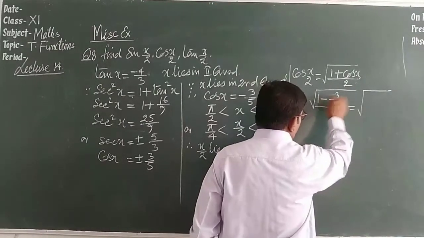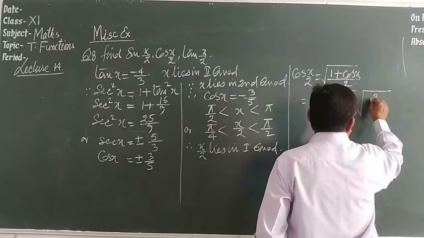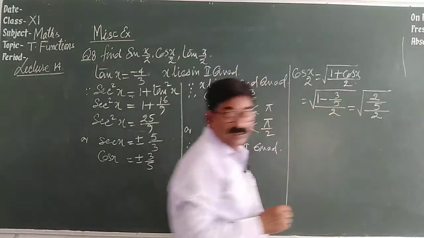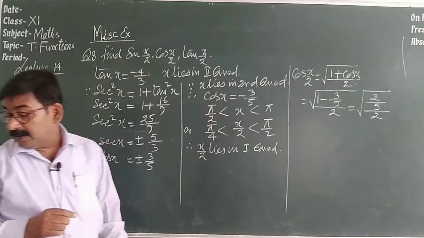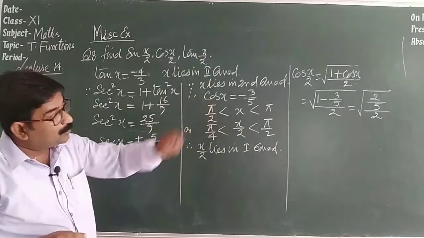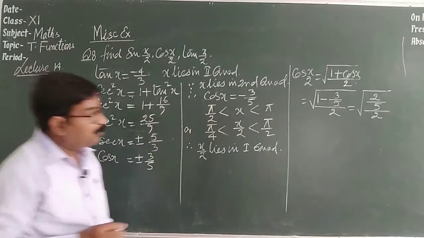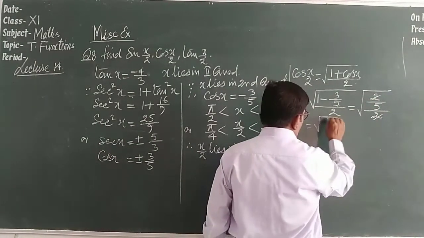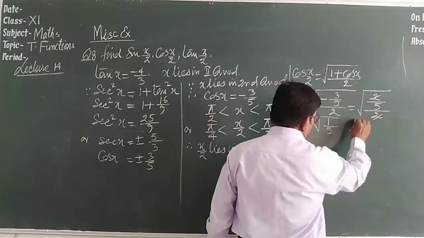So 5 under 5 minus 3, 2 by 5 upon 2. 2 and 2 cancel. What we have? 1 upon root 5, so root 1 upon 5 is the answer.